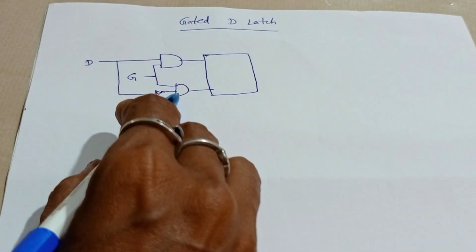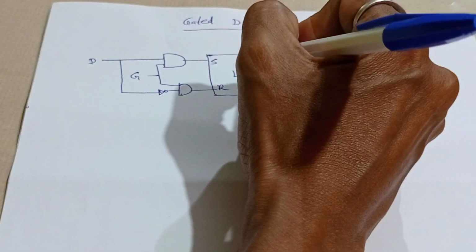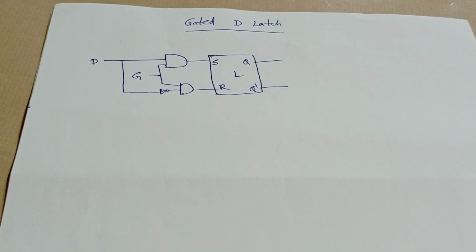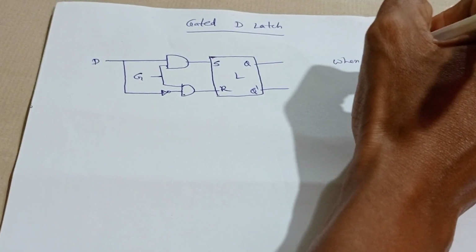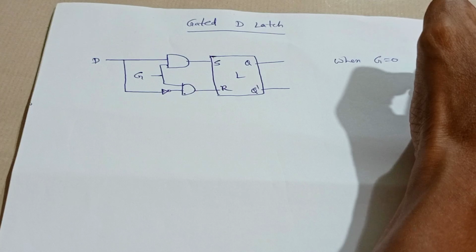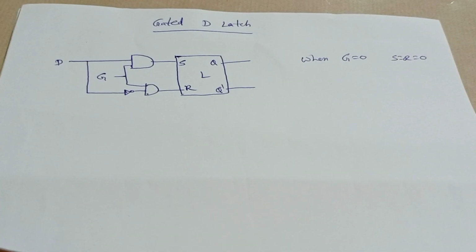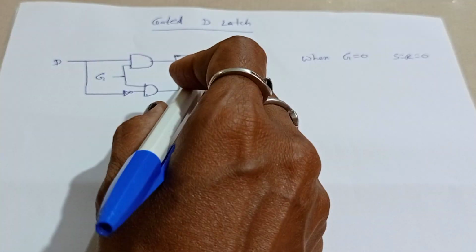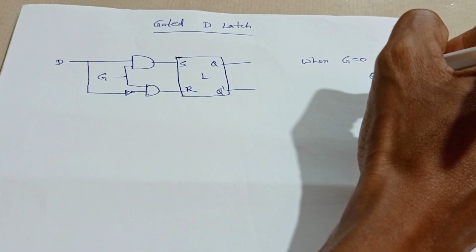Here AND gates, SR latch. So Q and Q bar are the outputs. Now we'll see when G is equal to 0 and S is equal to R is equal to 0. For this case, Q does not change.